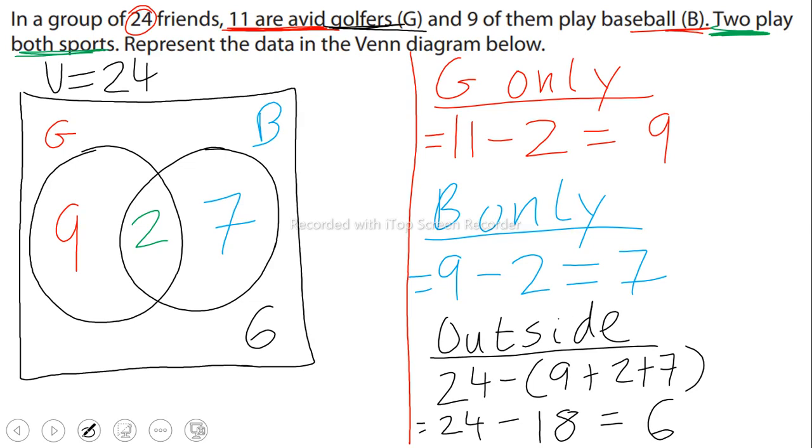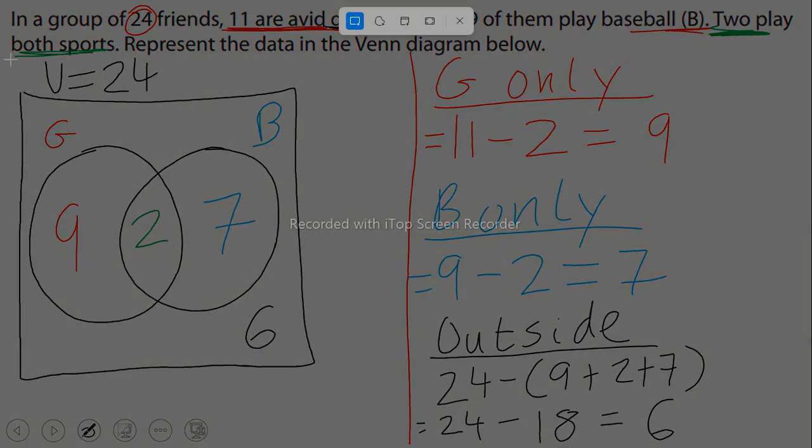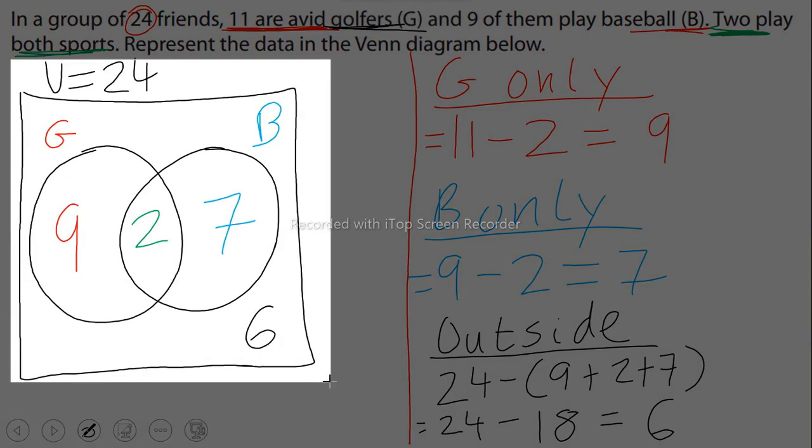Okay, so using that information, let's go ahead and answer this particular question.